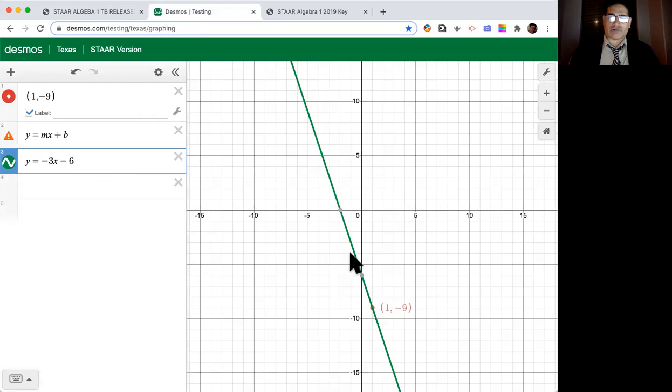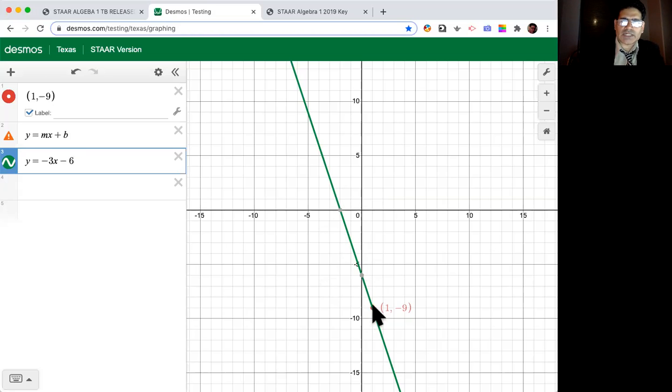So I've got a -6, and it runs through it. All right.